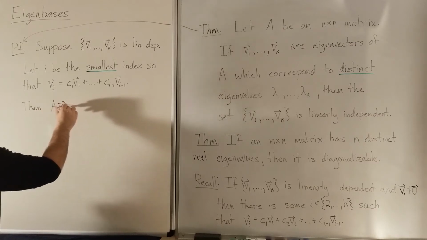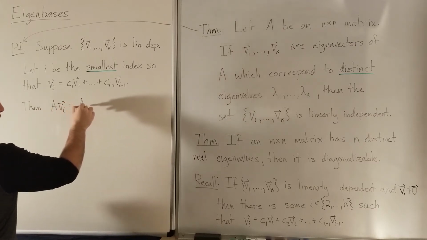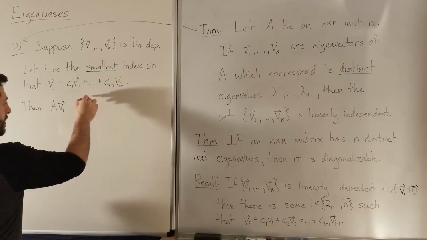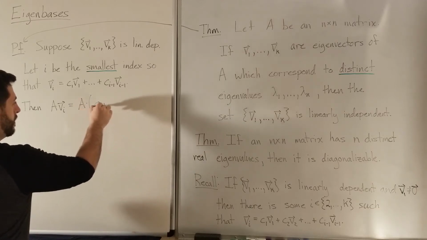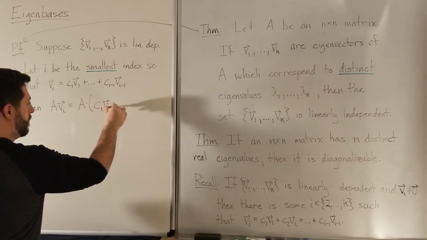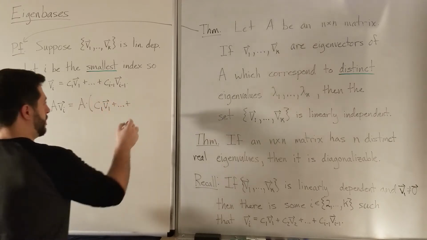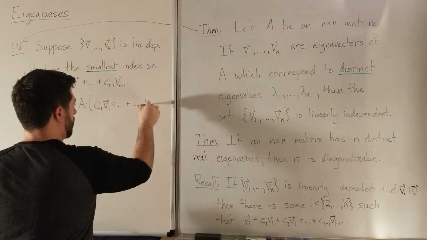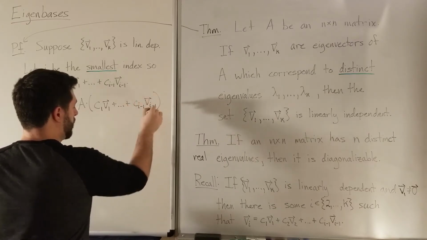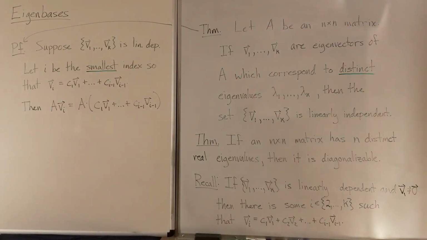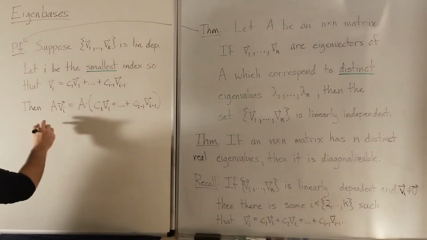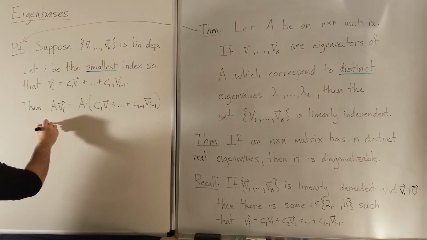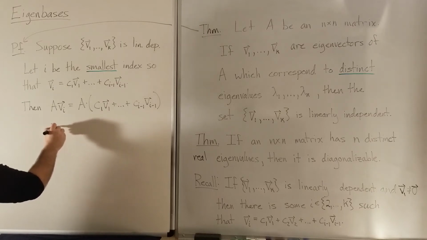So A vi is A times this stuff. Okay. So I know that A times vi is the same thing as lambda i times vi.